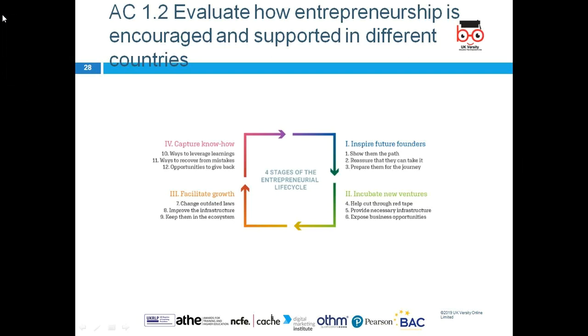Capture the know-how. Number 10 is ways to leverage the learning and a way to recover the firm's mistakes and the opportunity to give back. So facilitate growth, change outdated laws. Of course, the government is always looking to improve the infrastructure and keep them in the ecosystem, like a lot of jobs in the ecosystem, like cutting and more renewable electric cars, solar panels, eco homes, and all these.